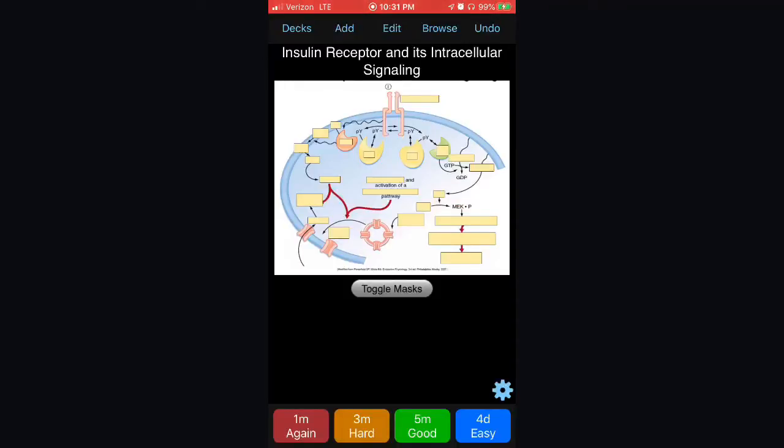All right, so let's see what's going on here. So we have the IRS, the PY. I think it's IRS. IRS binds GRB by the SOS, which converts GDP to GTP, which converts RAS GDP to RAS GTP.